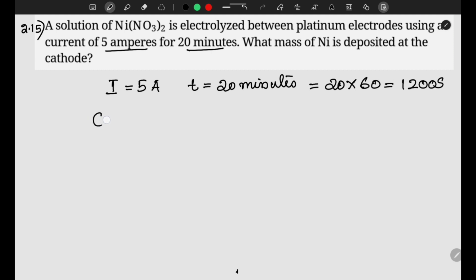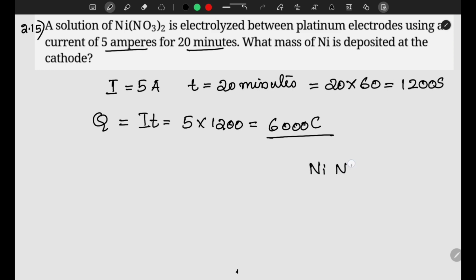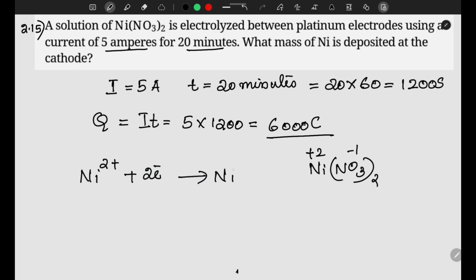Then Q is equal to I t, that is 5 into 1200, that will be 6000 Coulomb. Now in Ni(NO3)2, the oxidation state of nickel is +2. So let us write the reduction equation. Ni2+ plus 2 electrons gives Ni.